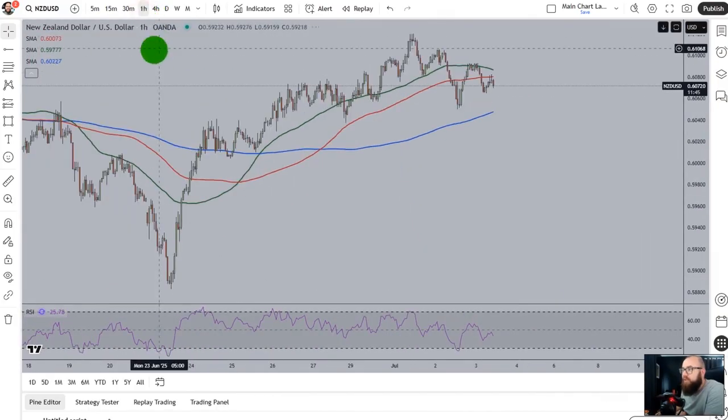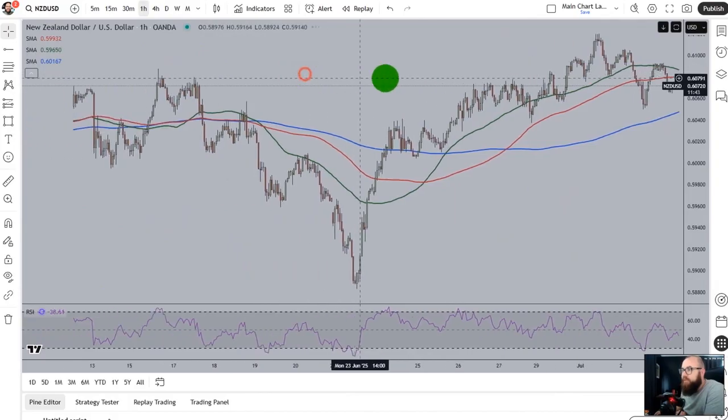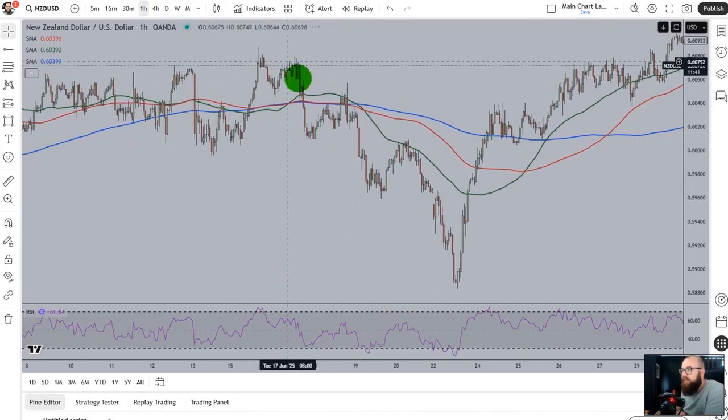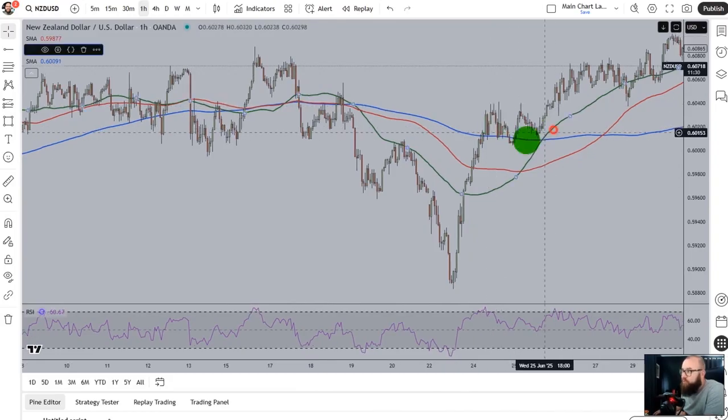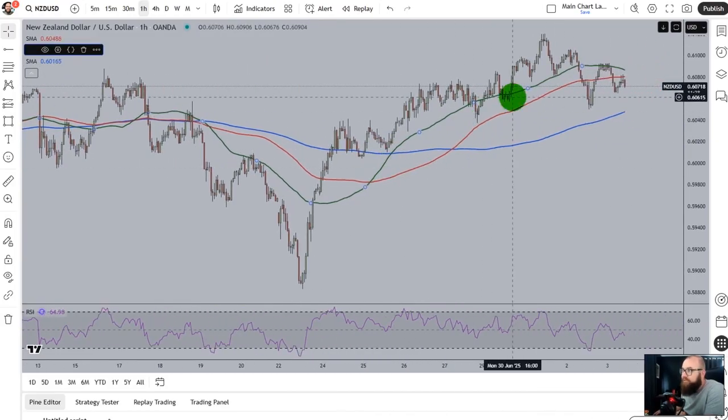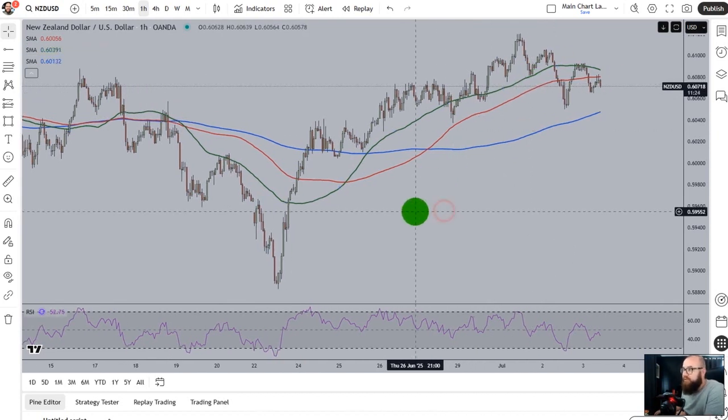So let's find some examples of this. Such as this trend here, this downtrend. You'll see that every time price reaches one of these moving averages, we reverse down. Eventually, price breaks above and they act as support. So every time price reaches these moving averages, or at least one of them, price reverses.